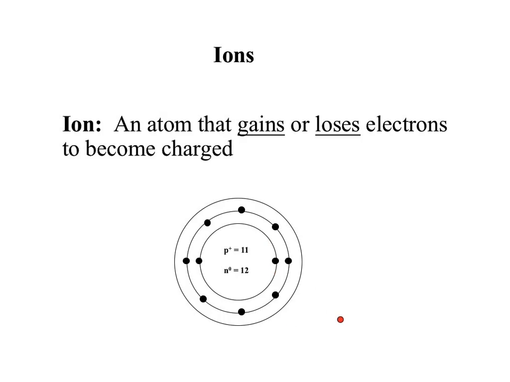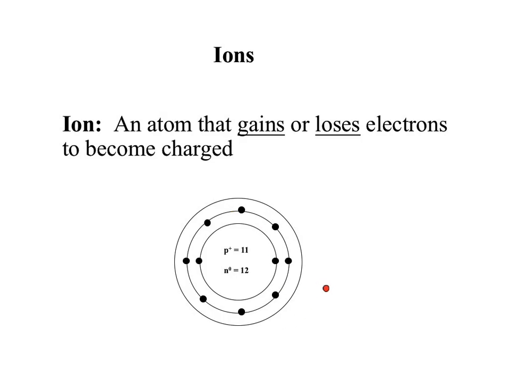Now, if I were to take an atom and remove an electron, do you guys think it's going to be bigger or smaller? If I were to take this sodium atom and remove this electron, just like I'm doing in this little animation, do you think it's going to be bigger or smaller afterwards? Well, I went from 3 energy levels down to 2. There's nothing in this third, so it basically doesn't even exist anymore.